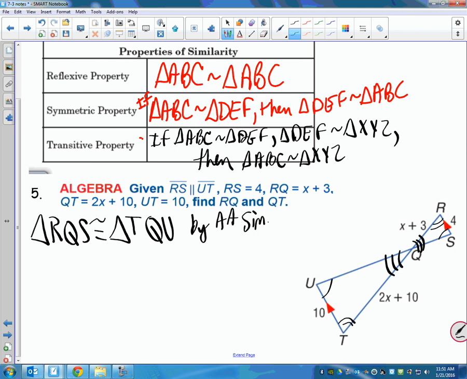Then if I know they're similar, guys, then you can set up a proportion just like you do. Do you want to do 10 to 4 or 4 to 10?